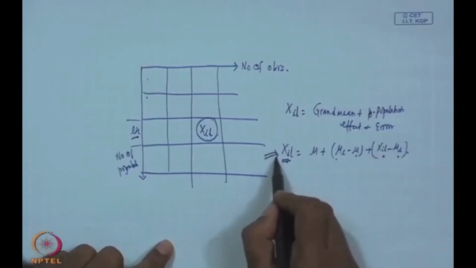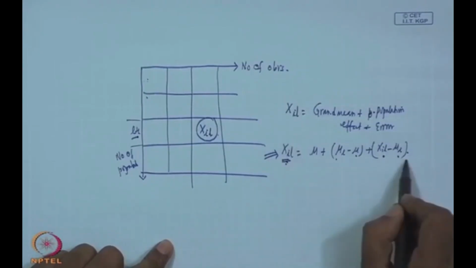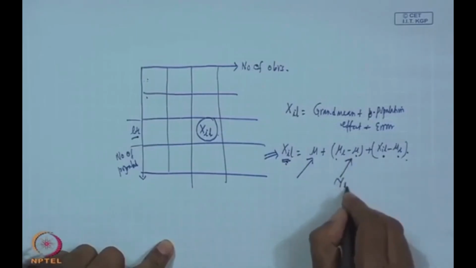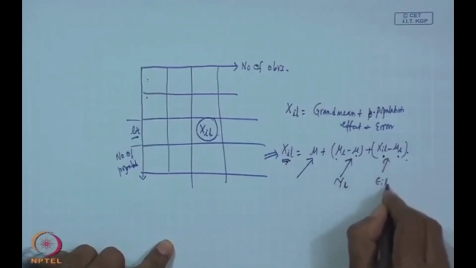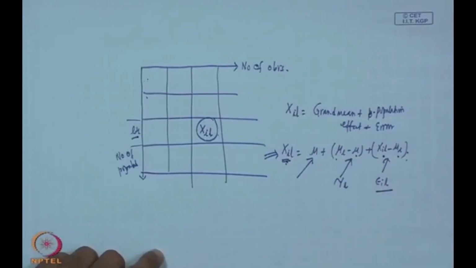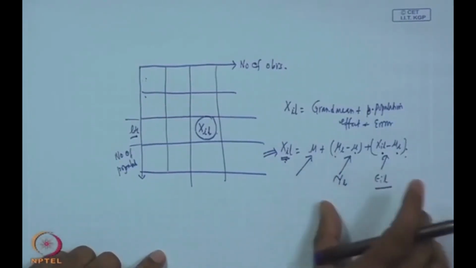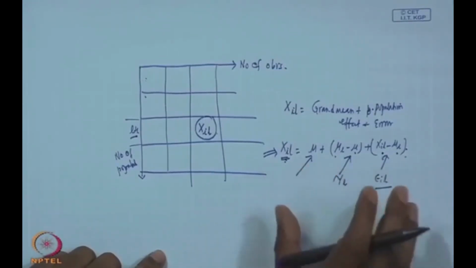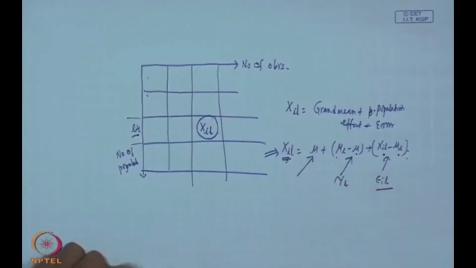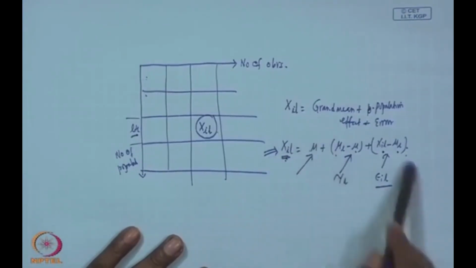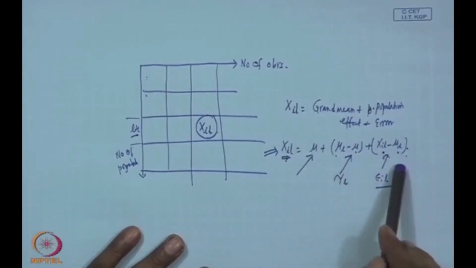This is what is known as partitioning the observation into three components: one is the grand mean, another is tau L, the population effect, and the third is epsilon IL. So you are partitioning the observation values into three components, and each component is a parameter of ANOVA. From a conceptual point of view, there are three parameters: mu, tau L and the error component.